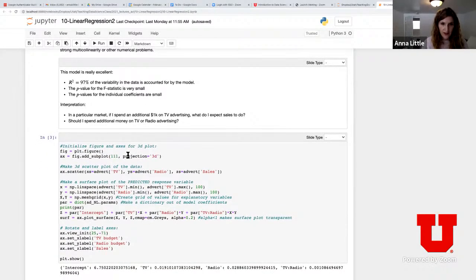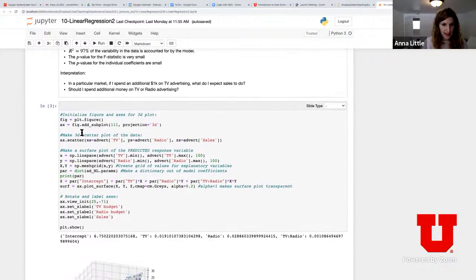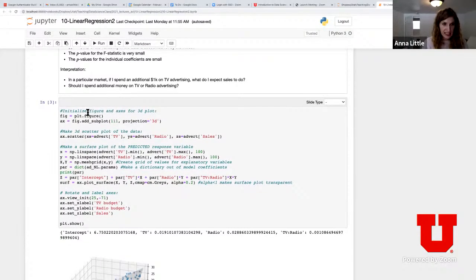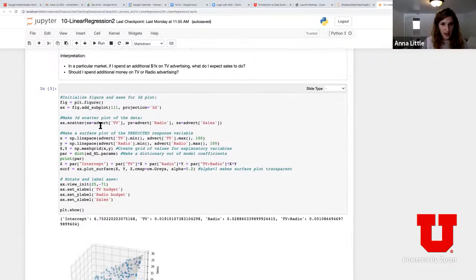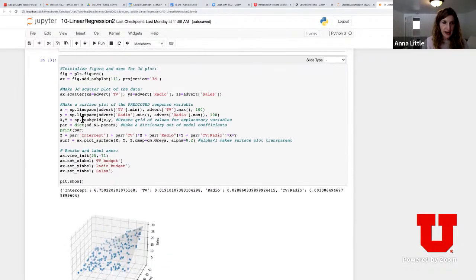And then also, it's very useful sometimes to plot and visualize the data. And that's kind of what we did last time. First, initializing the 3D figure axis, and then adding the scatter plot of the data, and then creating a surface plot of the predicted values by just creating a grid of values for the x's, and then applying the predicted relationship as calculated by the regression software, right?